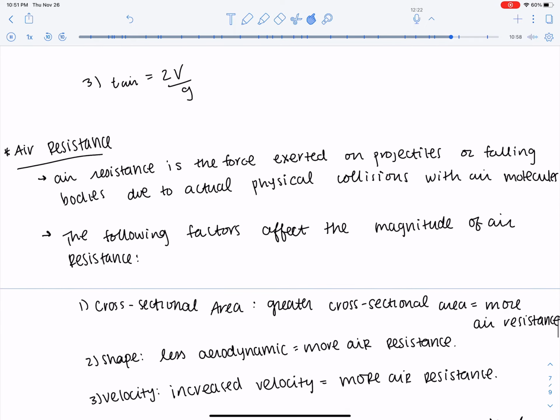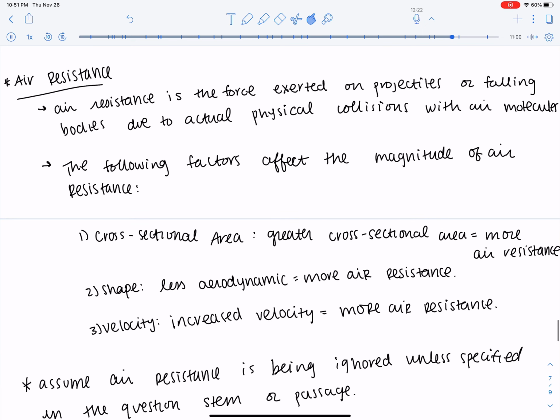And then it goes on talking about air resistance, which is the force exerted on projectiles or falling bodies due to actual physical collisions with air molecules. And then it mentions some factors that affect the magnitude of air resistance, which is cross-sectional area. So basically, if there's a greater cross-sectional area, there is more air resistance.